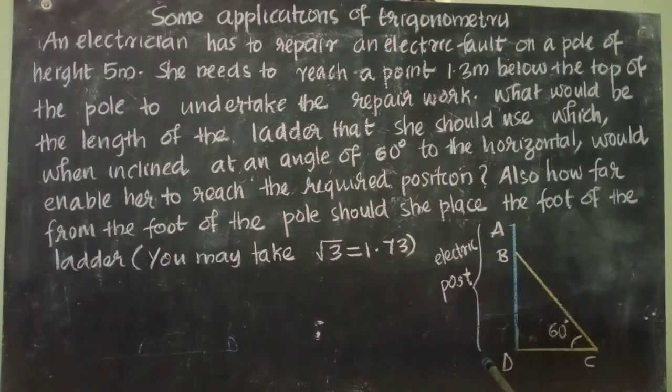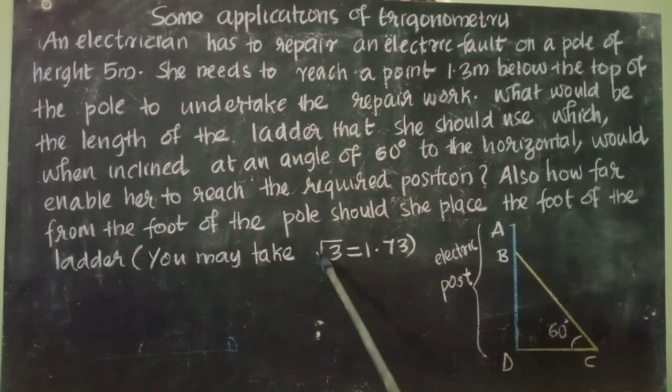So total length is 5 meter. She needs to reach here. And she needs to use the ladder at an angle of elevation of 60 degree. The question is, how far from the foot of the pole should she place the foot of the ladder? Means, what is the distance of this CD?